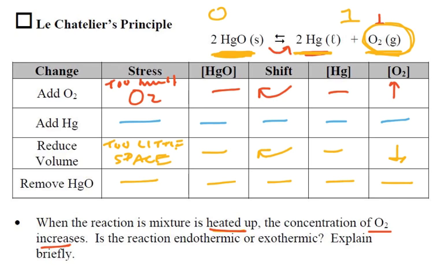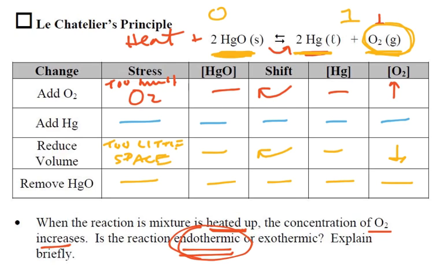Now, if I'm heating the mixture, that means I have too much heat and it's shifting to the right. That means I must have heat on my left side, because if I have too much heat, it's going to shift to use up some of that heat, which is to the right. So I know that my reaction is endothermic.